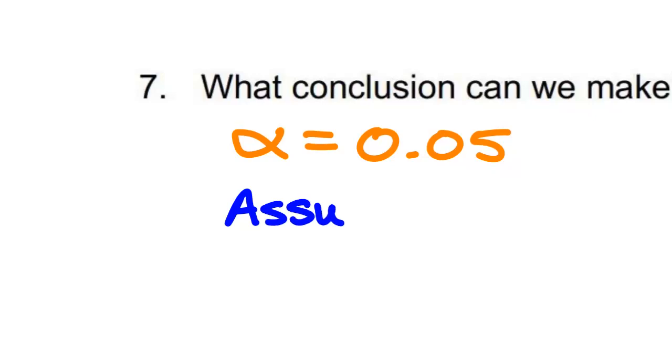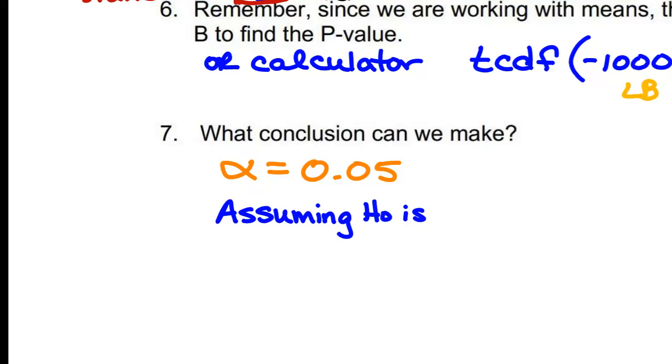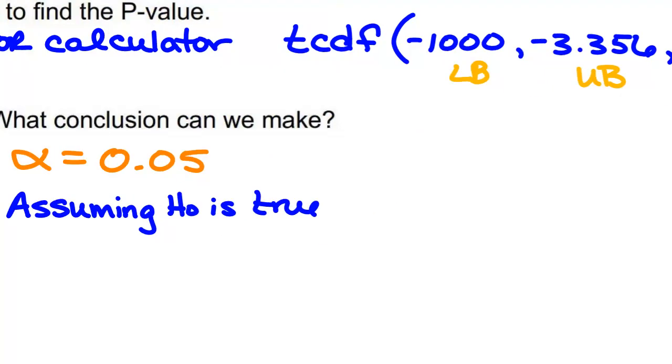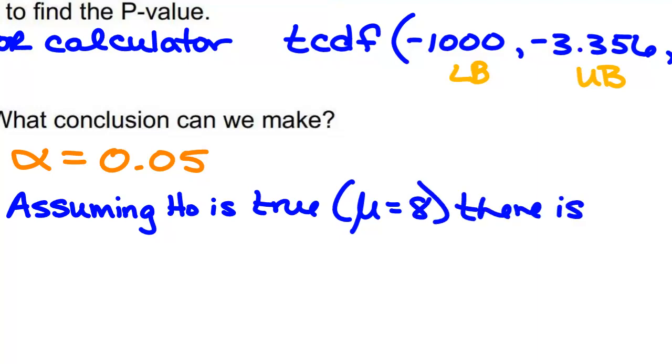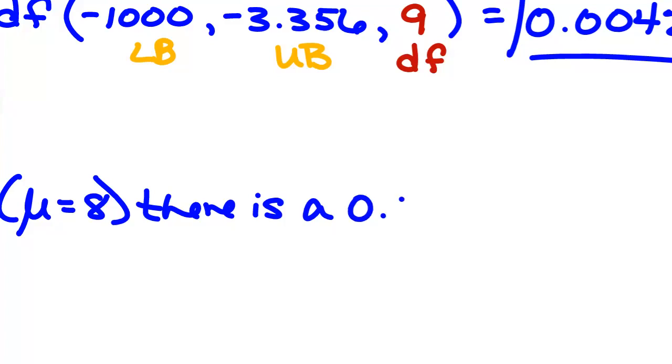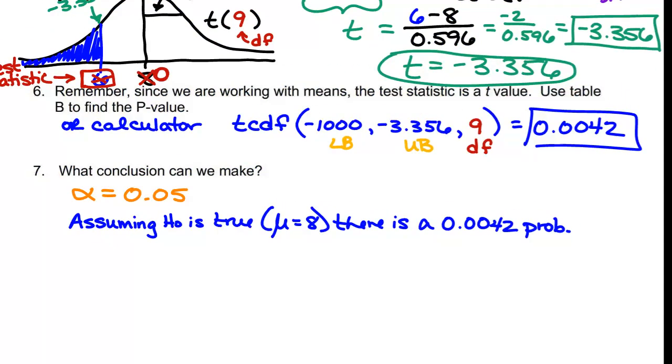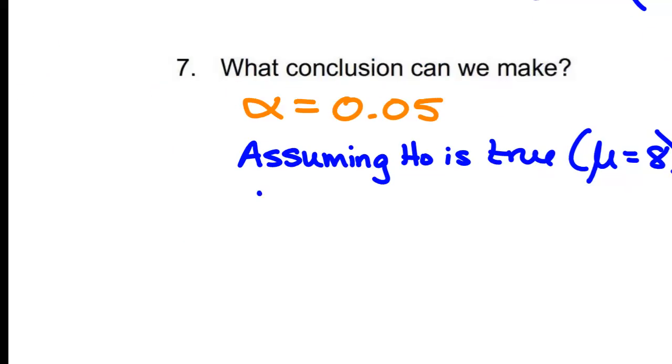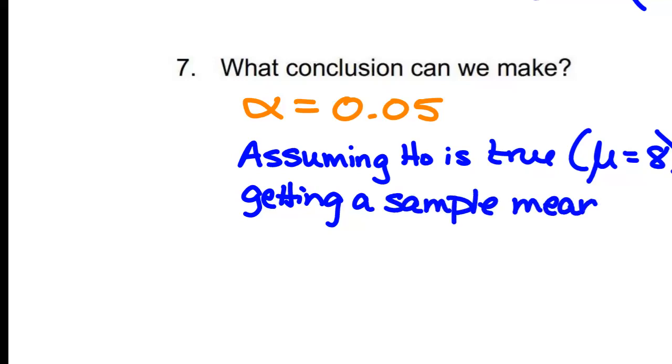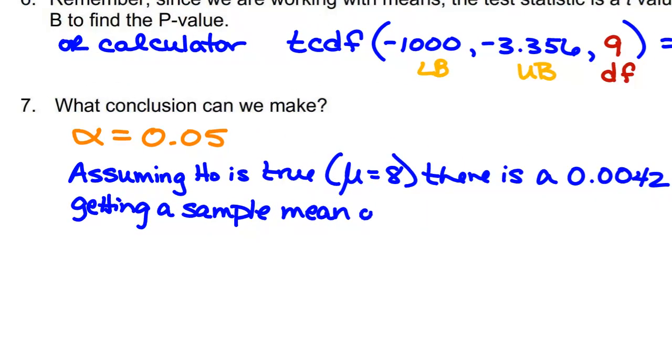So assuming H0 is true, mu is equal to 8, there is a 0.0042 probability of getting a sample mean of 6 or less purely by chance.